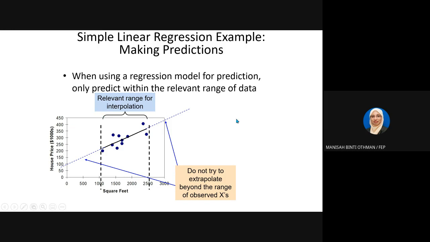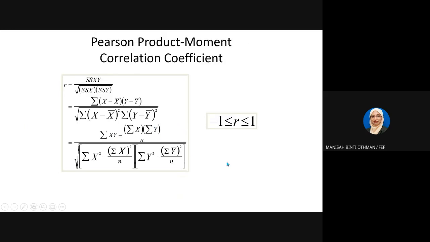If more than that, then you need to collect more data to get a broader range of house sizes and prices, so you can get a better prediction. So it's relevant in that area only.